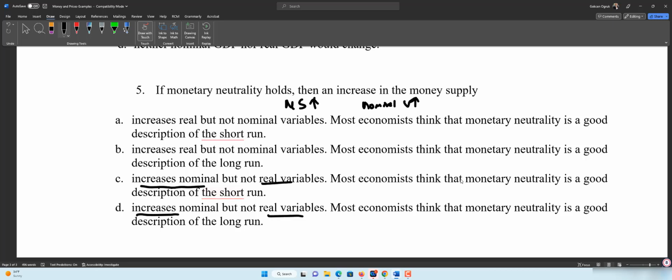Most economists think that money neutrality is a good description of the short run. That's not correct. It only holds in the long run. In the short run, a change in the money affects production and employment, but in the long run, the economy reaches its capacity to produce goods. So an increase in money directly reflects an increase in prices.